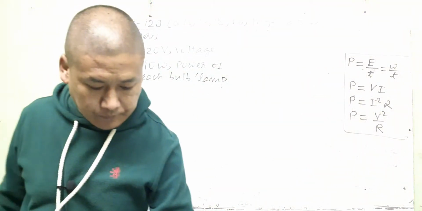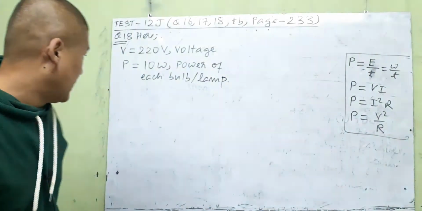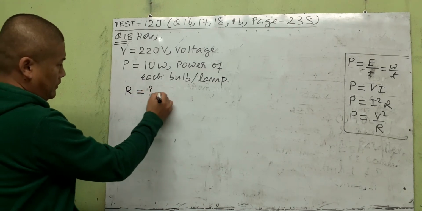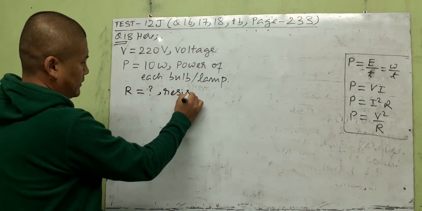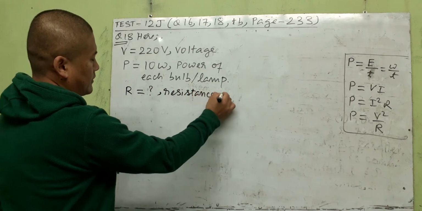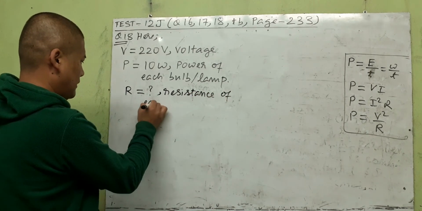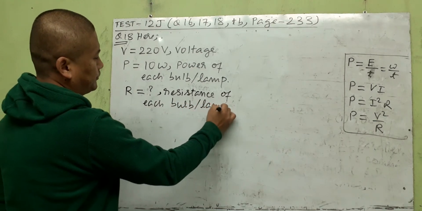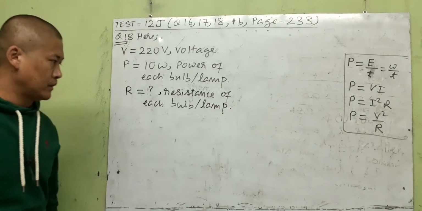Then the resistance of each bulb we don't know, so let's first find that out. So this is R, which signifies the resistance of each bulb, or we can also say lamp, which means the same thing only.